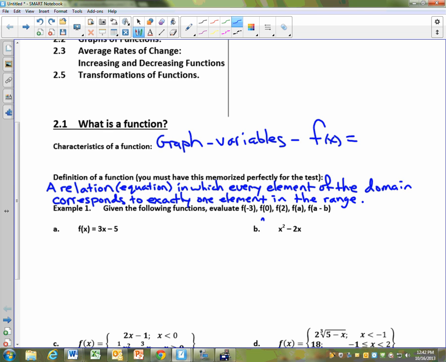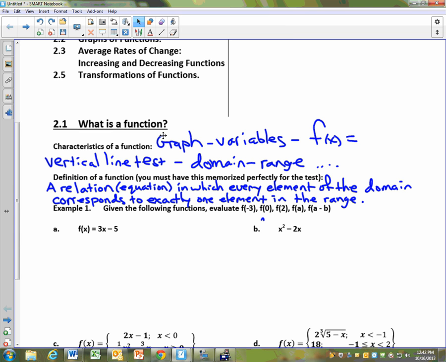Some people think of this: vertical line test. Some people think of domain. Some people think of range. There's all sorts of things you can think of when it comes to a function.